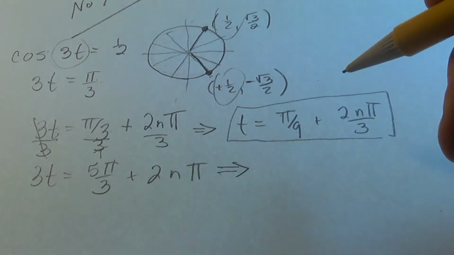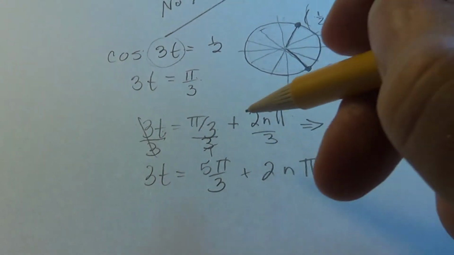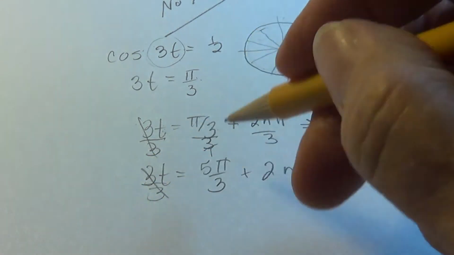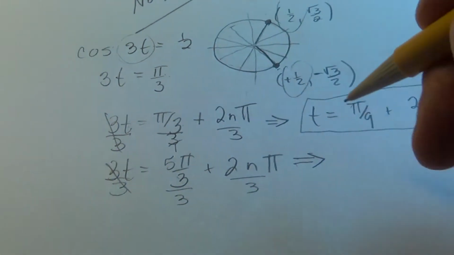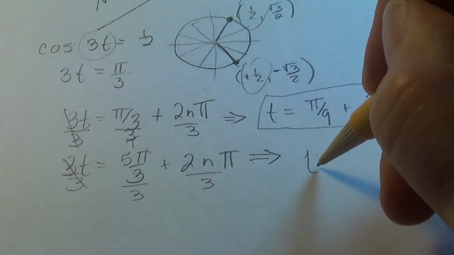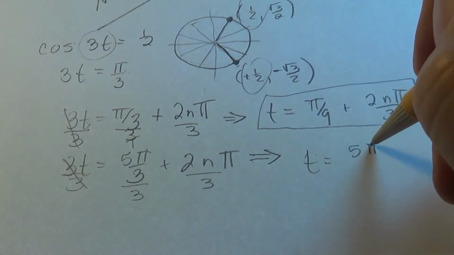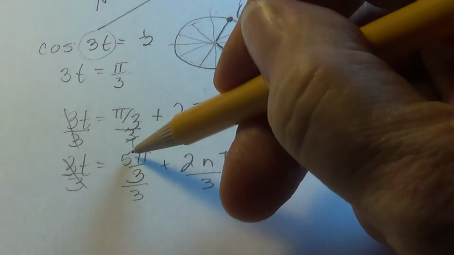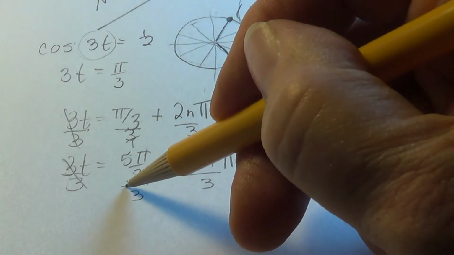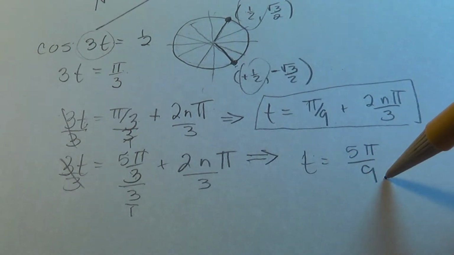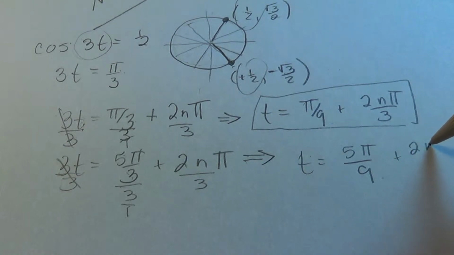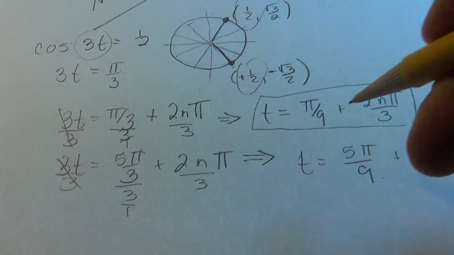And this one is going to work the same. I'm going to divide this one by 3, this by 3, and this by 3. So I get 5 pi over 9, because that's what 5 pi divided by 3 divided by 3, and I flip and multiply, I do get 5 pi over 9, and then 2n pi divided by 3.